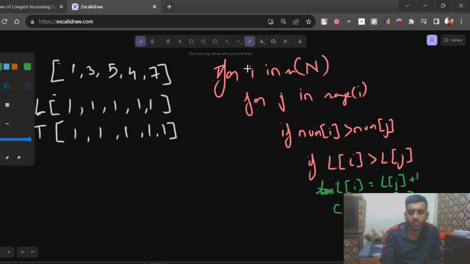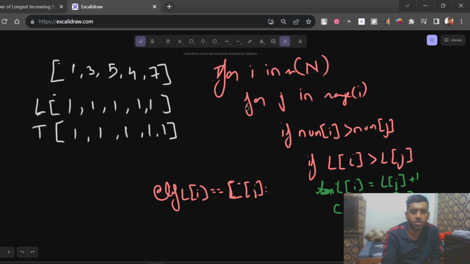Else, if that's not the case, else if L of i is equal to L of j, then don't confuse this with some other element.